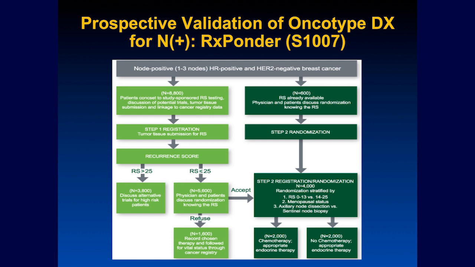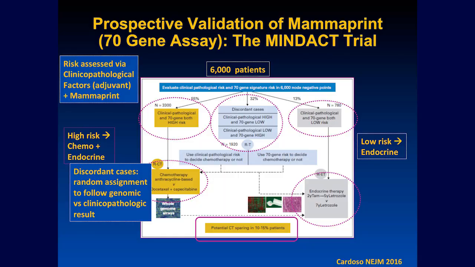And what they did, which was very fancy, was they actually assessed the clinical risk. For a doctor, there are ways we can determine if a patient's risk is high or low. So if I determine that a patient's risk is high, then the company would measure the Mammaprint, the 70 gene score. If the 70 gene score shows that the patient's risk is low, should we give chemo or not? I determine that the patient's risk is high clinically, but the gene expression profiling says that the risk is low.